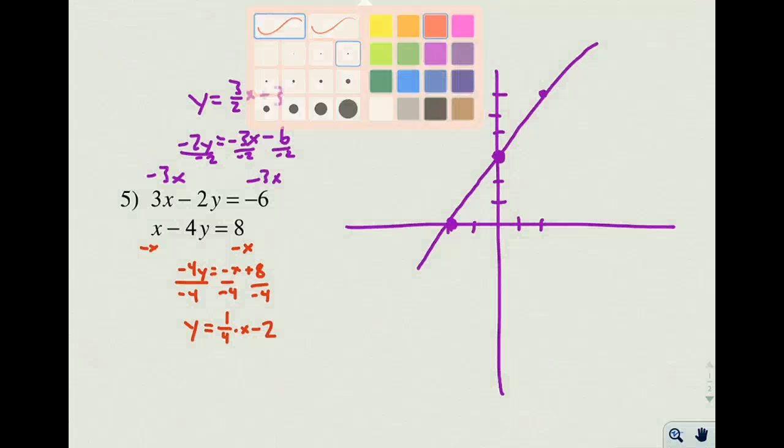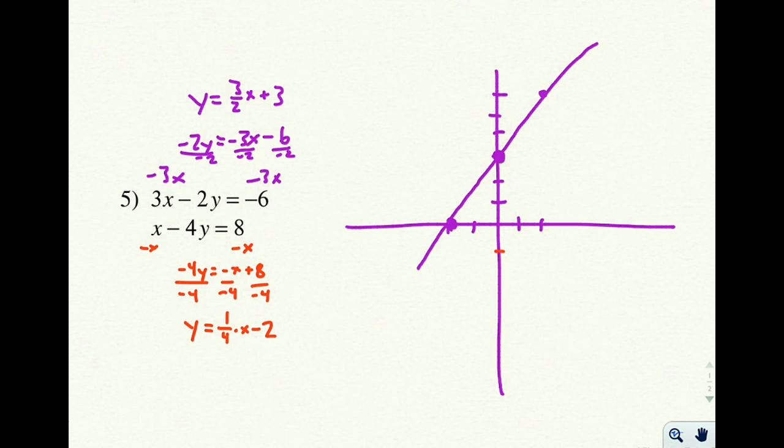And then with our red line here, we have a y-intercept of -2, so we go down 2, and we have a slope of 1/4. So we go up 1 and over 4. And so we have a line that goes something like this. I'll continue this line here.